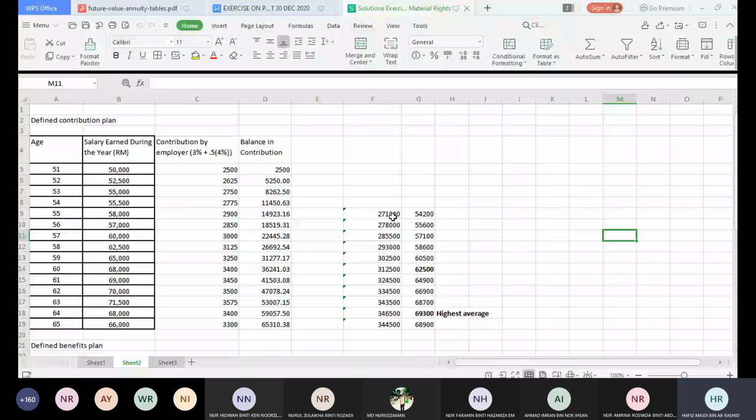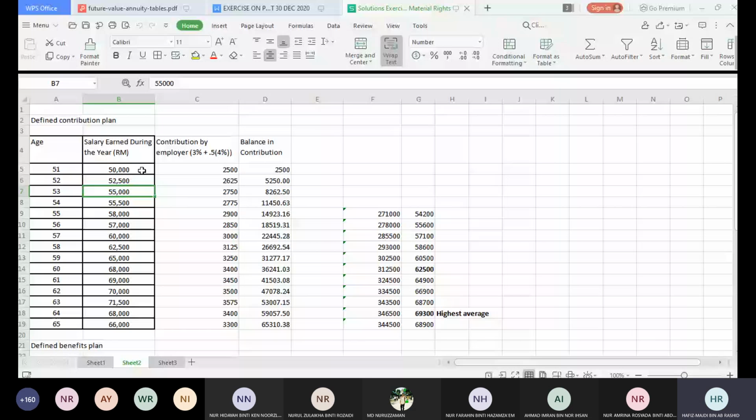So how do you calculate the average at the age of 55? You add the 5 consecutive salaries from age 51 until 55. So you add 50,000, then 52,500, then another 55,000, 55,500, and then 58,000.